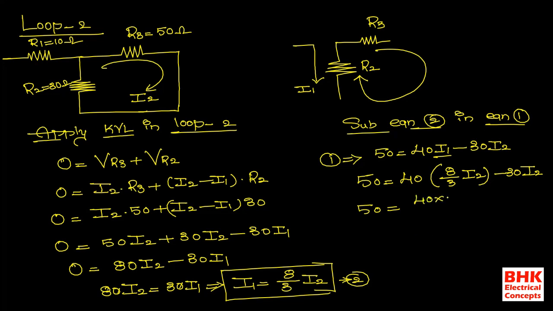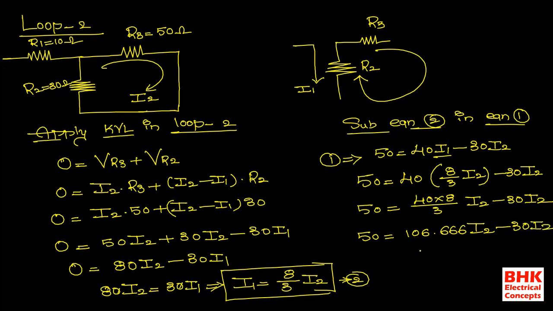So 40 into 8 divided by 3 into I2 minus 30 into I2. Now by simplifying, 40 into 8 divided by 3 gives the value 106.666.